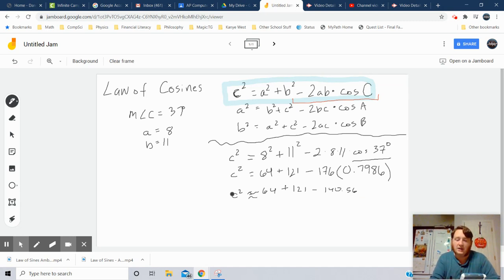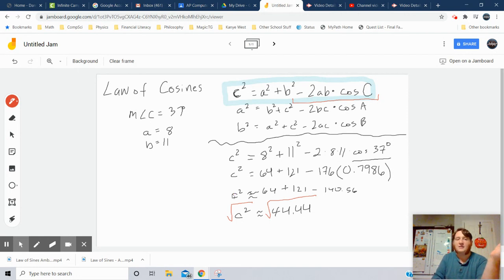The grand total here, 64 plus 121 minus the ugly decimal on my screen, is about 44.44. So C squared is approximately 44.44. You would then take the square root of both sides, and square root of 36 is 6, square root of 49 is 7.